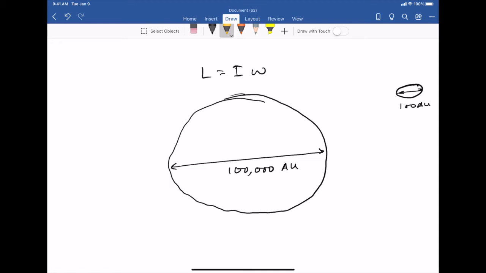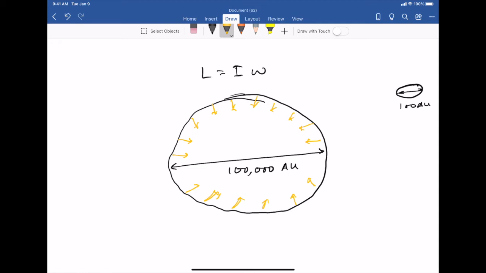Something made this cloud unstable, and as a result of that, it started collapsing inwards. We don't exactly know what made this particular cloud unstable, but there are a few possible explanations. And so the result is that the cloud started collapsing under gravity.